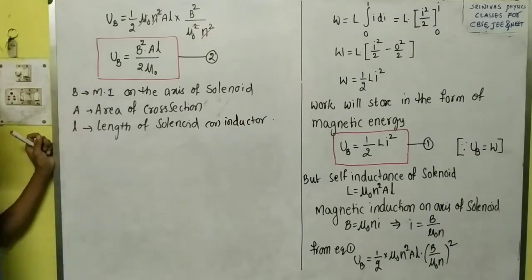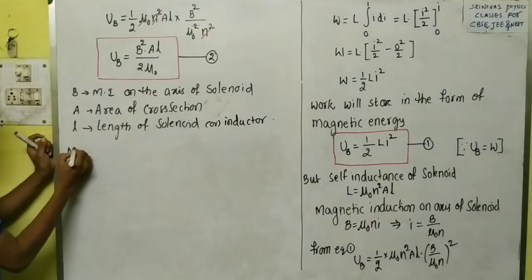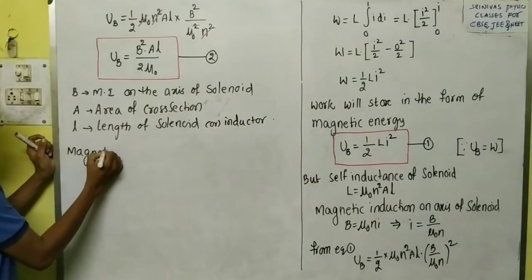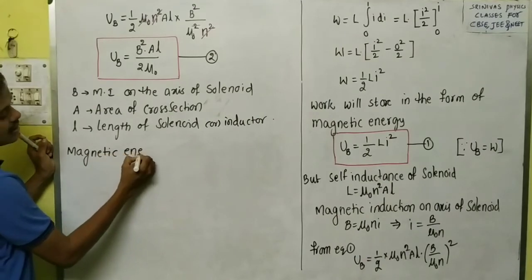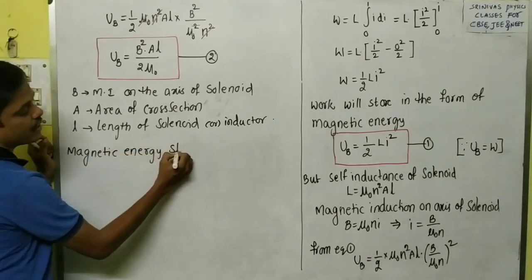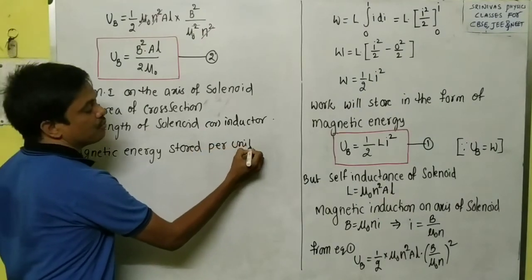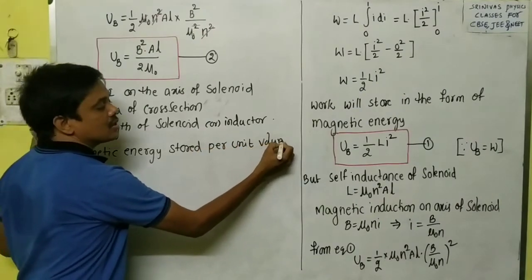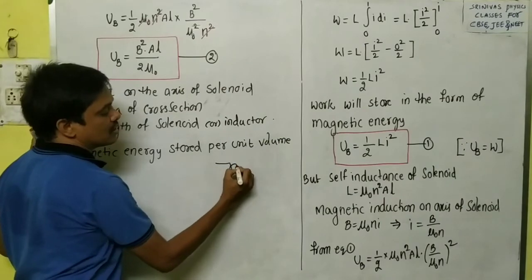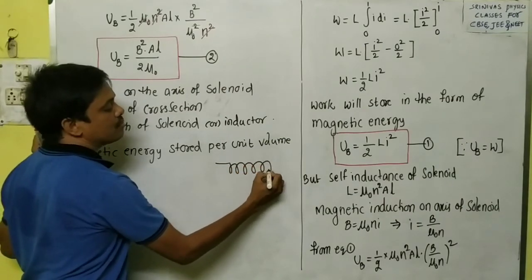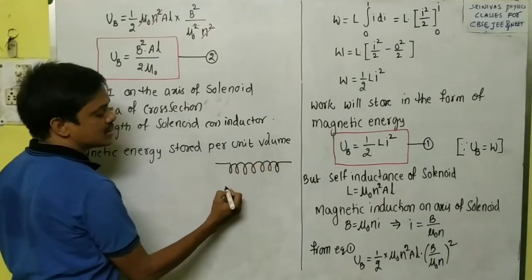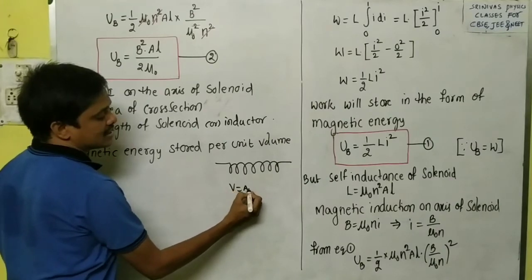And here I want the magnetic energy stored per unit volume. You have to divide by the volume, that's all. What is its volume? Volume is equal to cross sectional area into length.